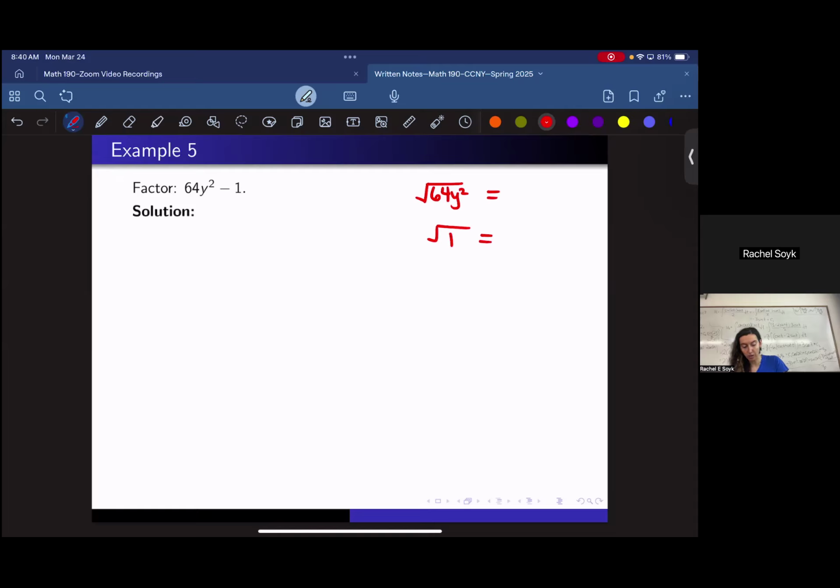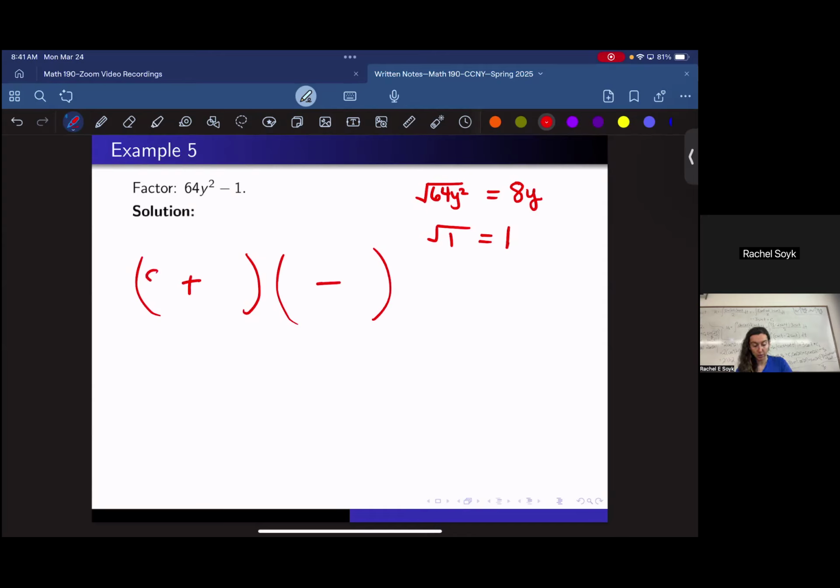What's the square root of 64y squared? 8y. And what's the square root of 1? 1. So when we're looking at difference of squares, we are actually going to have two binomials. One's going to be plus and the other one's going to be minus.